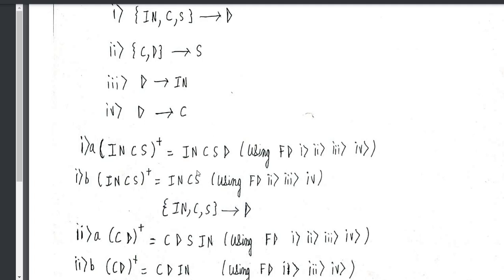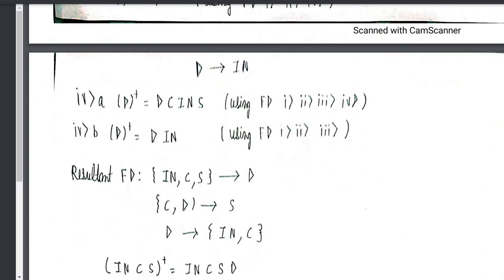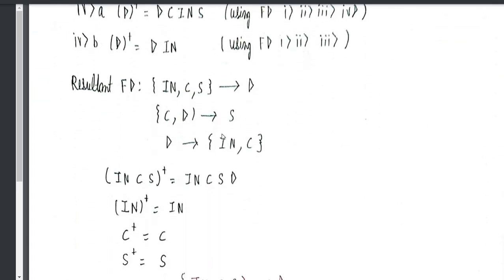If the result is the same, then we can ignore the dependency. In the first case we can see the two results are different, so we cannot ignore it, so we have included it. Similarly we have done this for the second, third, and fourth. The resultant functional dependency we get is as follows.